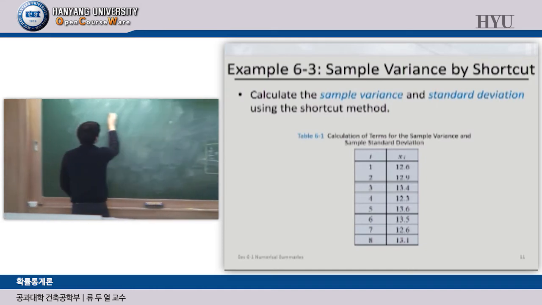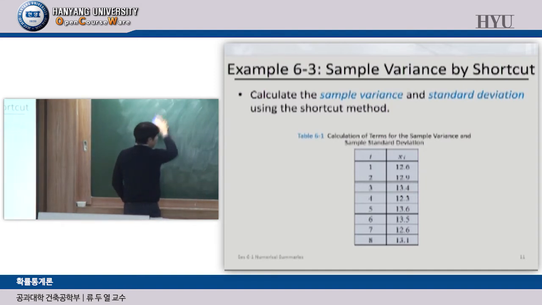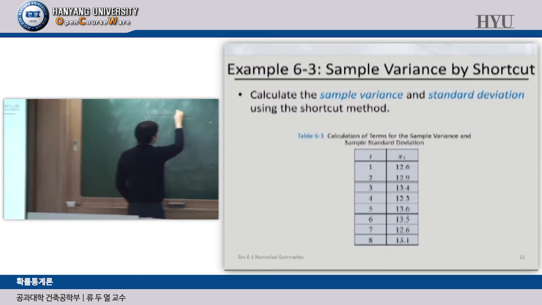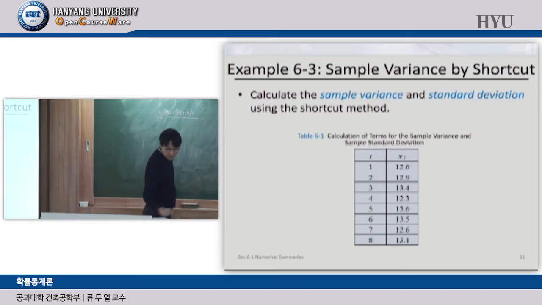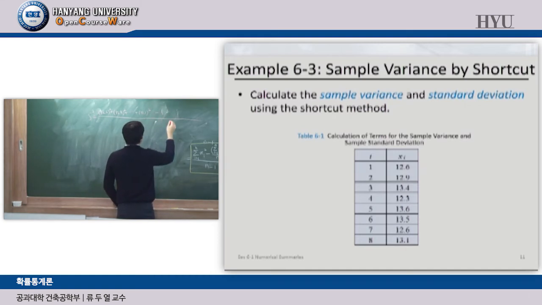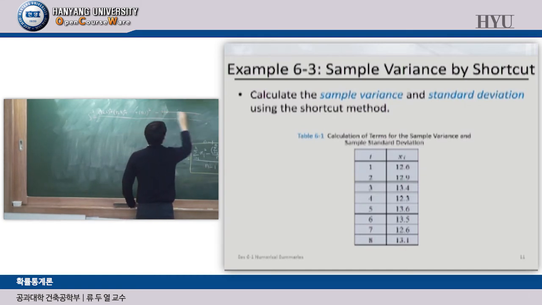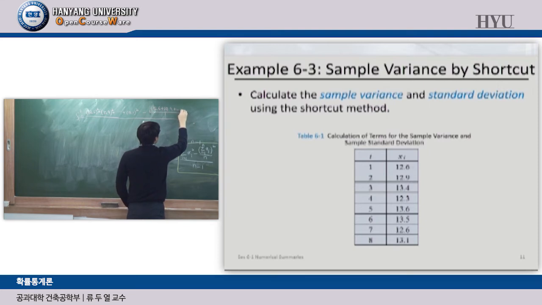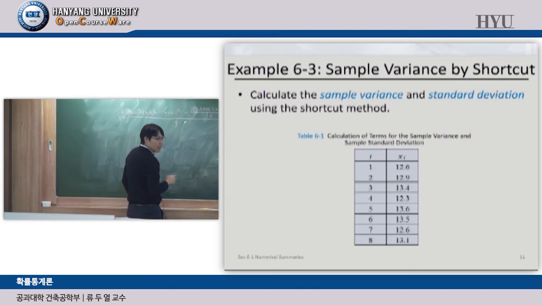So by using this equation, the s square is equal to 12.6 square plus 12.9 square and so on, plus 13.1 square, minus (12.6 plus ... plus 13.1) square over 8, okay? All over 7.